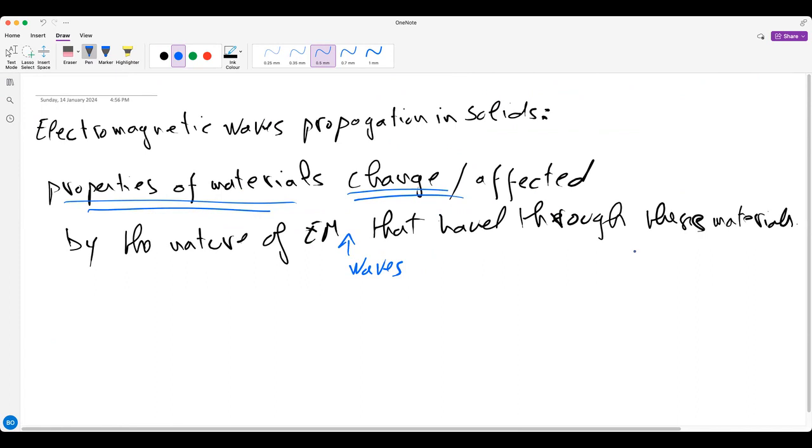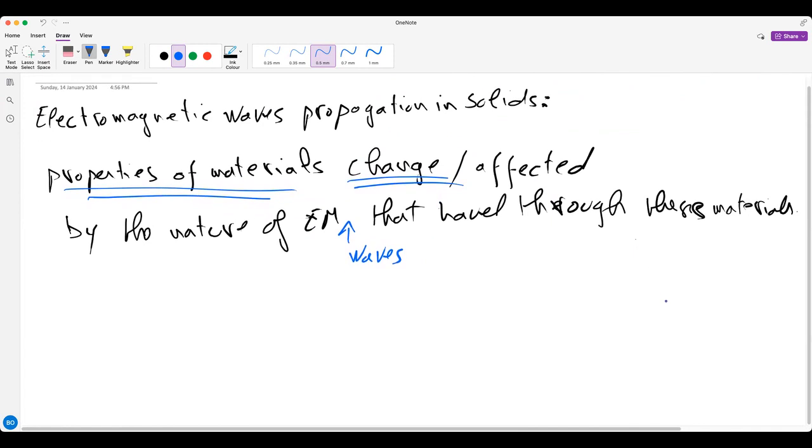So how do we do this? Let's use Maxwell's equations to try to understand the following. I will consider a material and an electromagnetic wave.